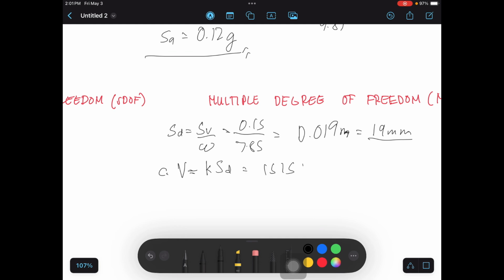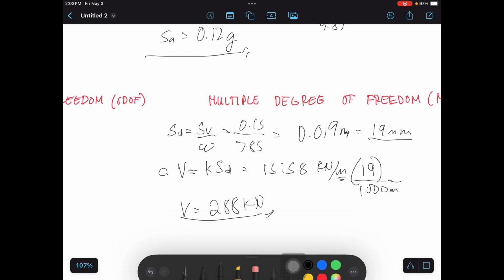So, 15,158 kilonewton per meter times yung SD na 19. So, hindi consistent yung units, so we need to convert this into meters. So, ang makukuha natin yung base shear is 288 kilonewton. That's the base shear.